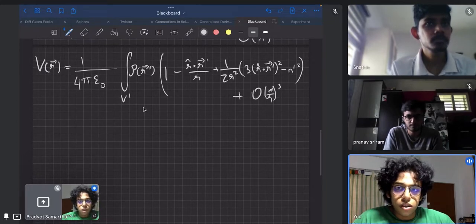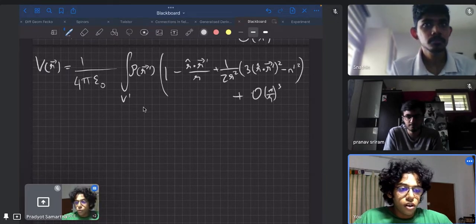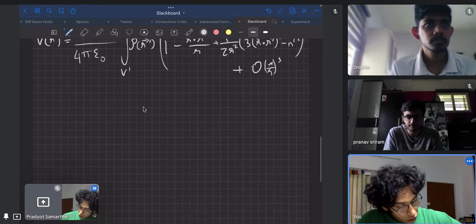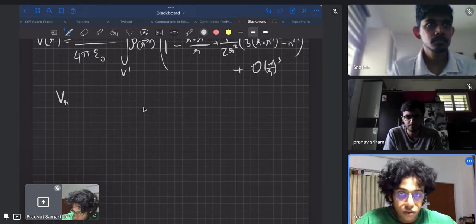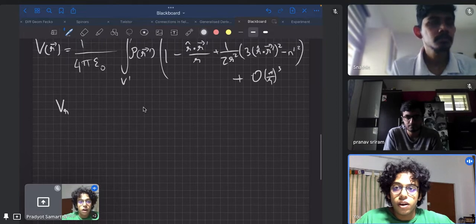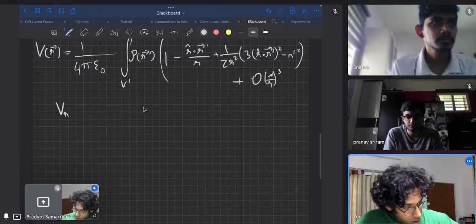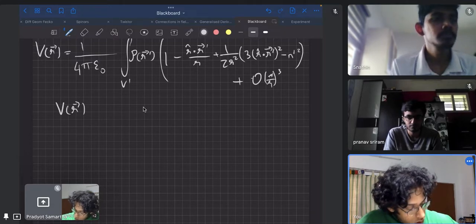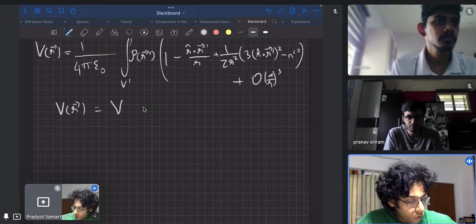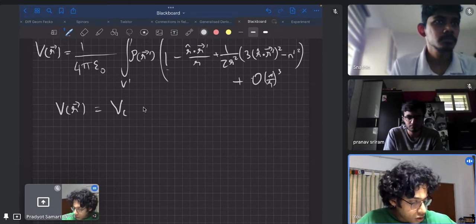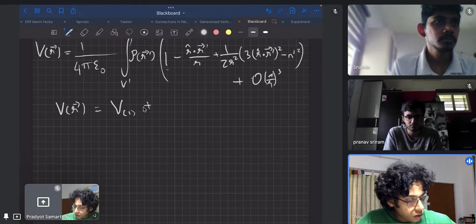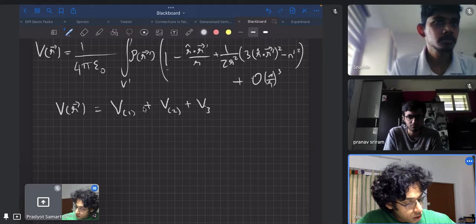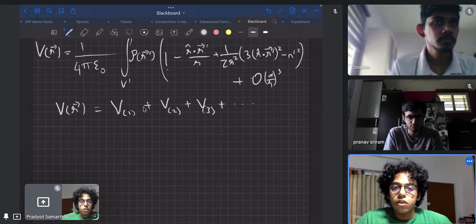Based on this, now we can write the whole V of R. This is the interesting thing. V of R is equal to the first term, let's say V1 plus V2 plus V3 and so on.